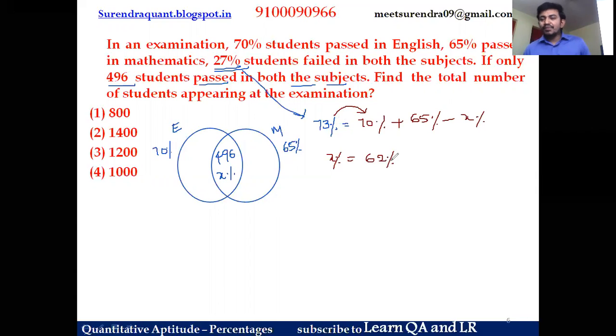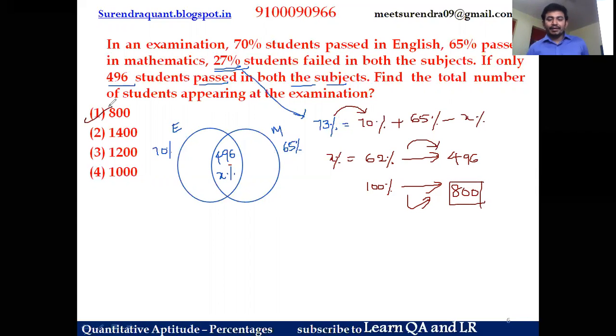So this is the percentage equivalent of the students who pass in both, which is 496. If 62% is 496, then 100% is what? Friends, this is 8 times, so 800 students appeared for the test, and that is option A.